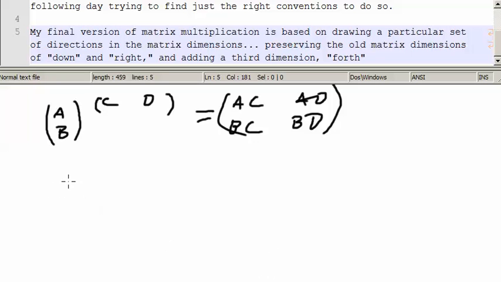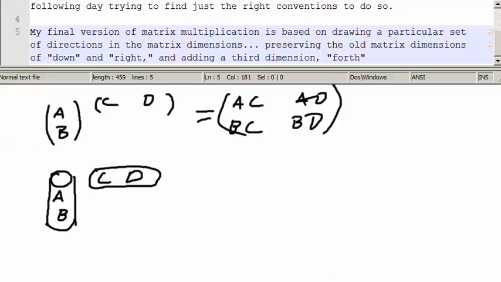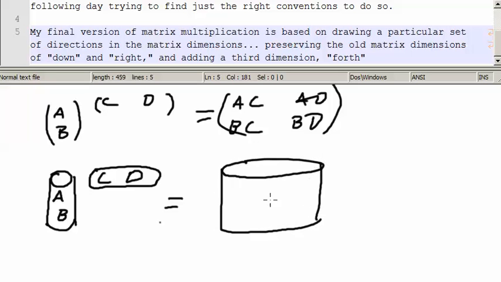But instead of drawing this one as A, B, and C, D, I'm going to draw it this way. Equals AC, AD, BC, and BD.